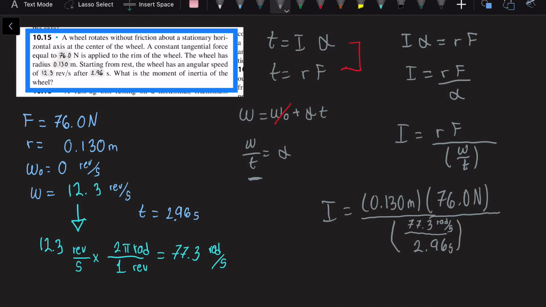That's going to give us the angular acceleration. And all that is equal to 0.378 kilograms meter squared, which is the unit for inertia.